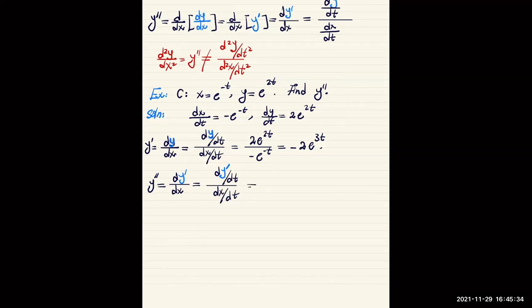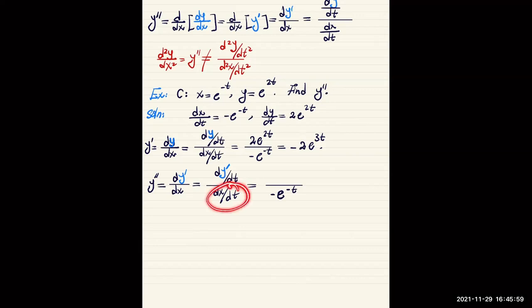So the good thing is that we already have dx dt in the denominator. Dx dt is right there. I have that already, so let me substitute that first. That's negative e to the negative t. Always write down what you already have.